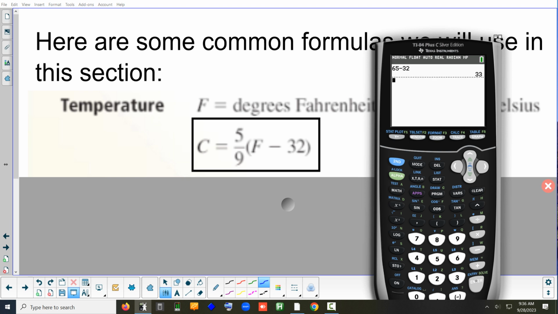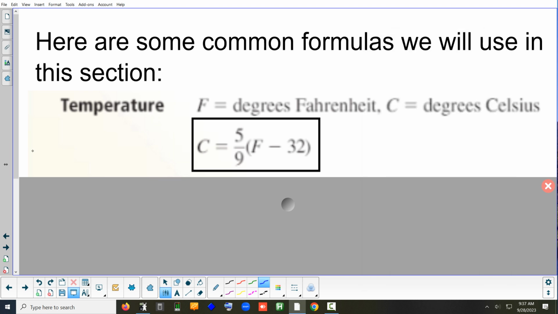And then you multiply by this number in front, that's 5/9. So if the temperature here was 65 degrees, they would say in Celsius, it's a little over 18 degrees, okay, in Celsius. All right, so that's one formula that we'll take a look at. Does everyone have that first formula?